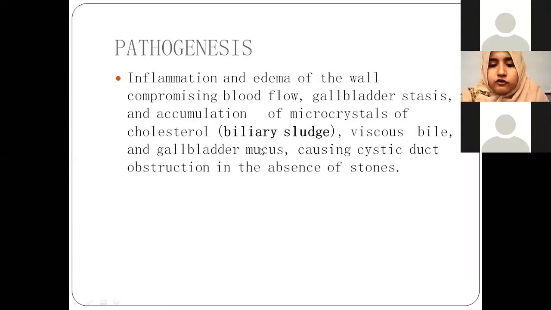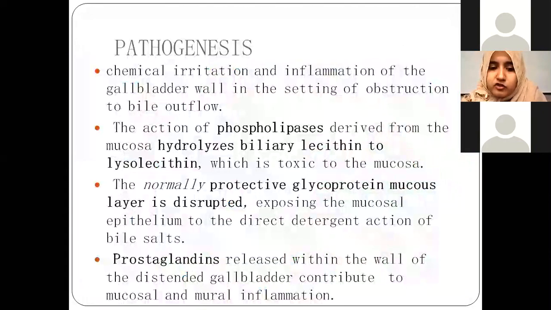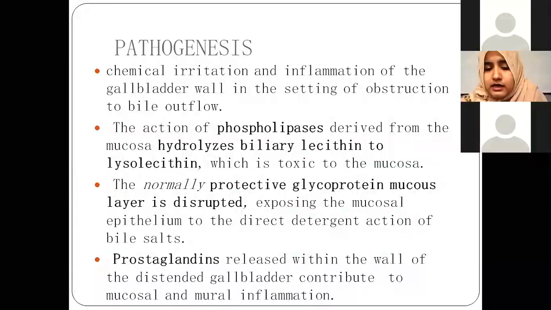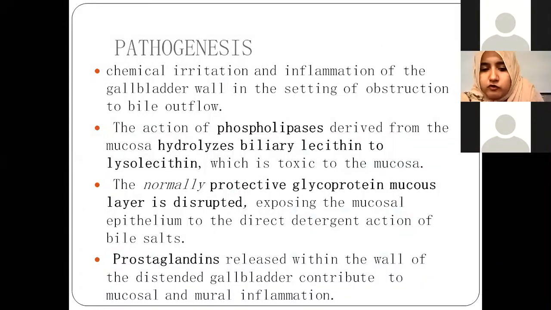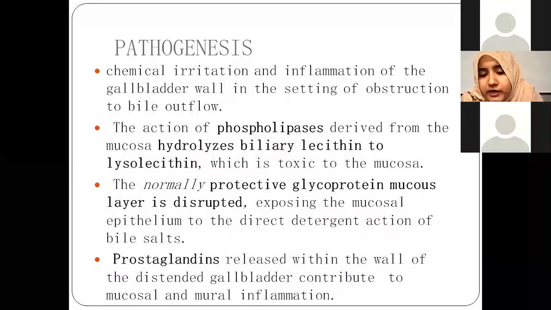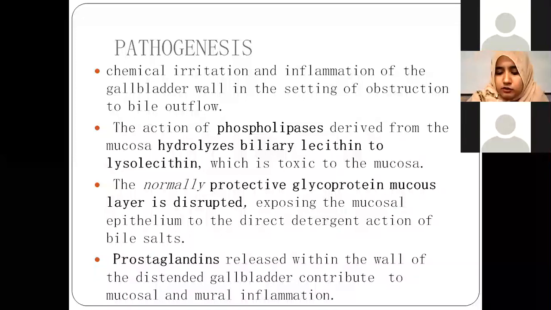So remember the pathogenesis. In acute cholecystitis, a stone has obstructed the cystic duct, and there is inflammation of the mucosa, and that mucosa releases phospholipases, which hydrolyze biliary lecithin to lysolecithin, and there is disruption of the protective layer of the mucosa with bile salts also affecting the mucosa, and also release of prostaglandin I and E, which further enhance the neural inflammation.